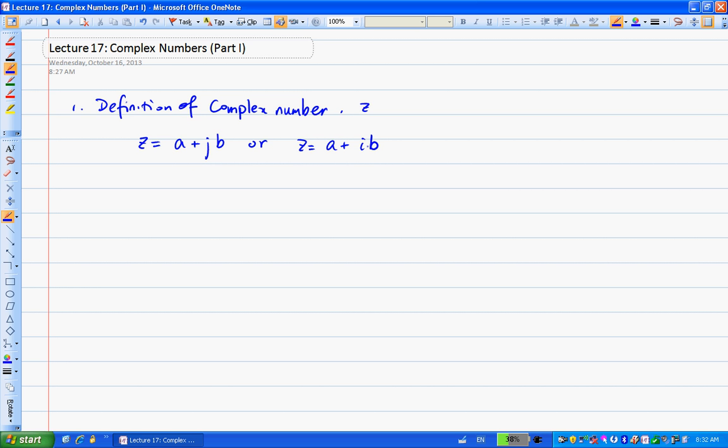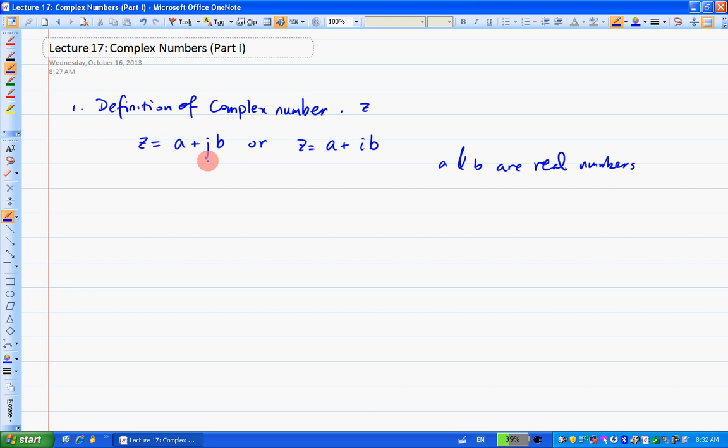So basically, we need to understand complex number is not the same as a real number. And why is that? First of all, let's say what A and B are. They are real numbers. So what is this I and B?